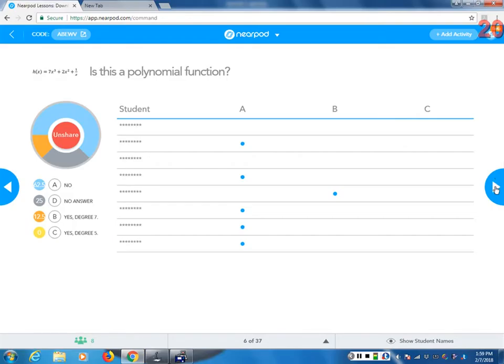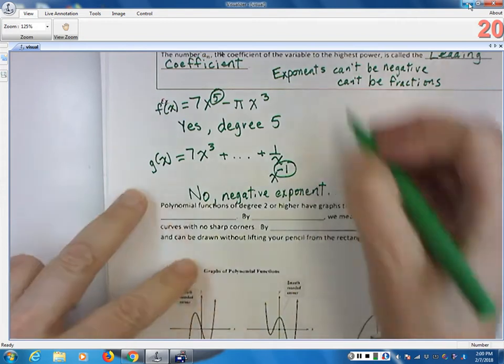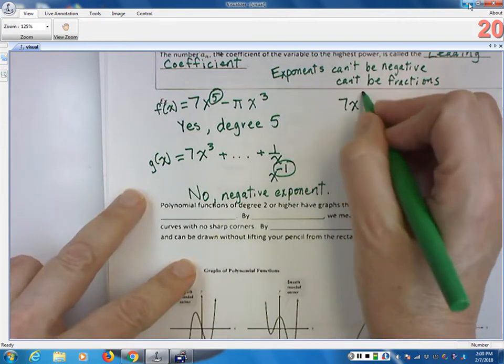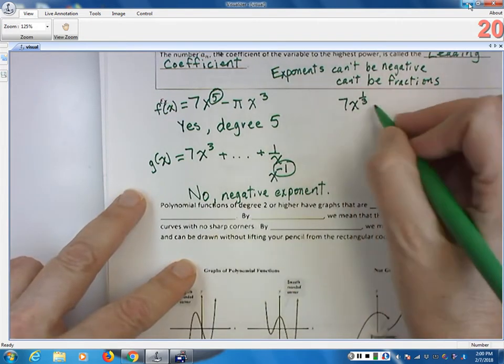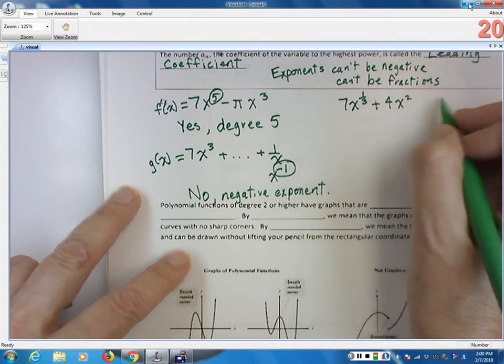And the next one is 7x to the 1/3 minus 4x squared plus 7.